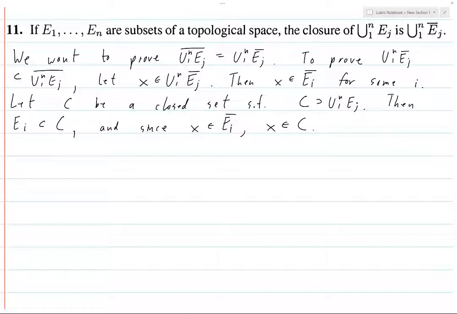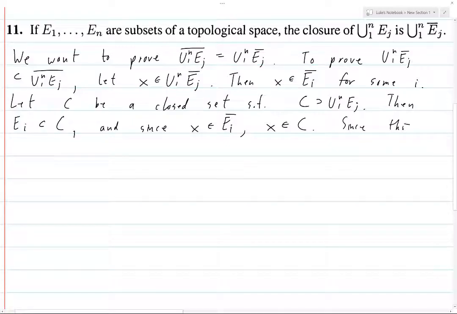And remember, the closure of the union of the E_j's is defined as the intersection of all closed sets which contain the union of the E_j's. And for every such set, the element X is in that set. And so if you take the intersection of these closed sets, you're taking the intersection of a whole bunch of sets, all of which contain X. And therefore, X is going to be in this intersection, i.e. X is going to be in the closure of the union of the E_j's.